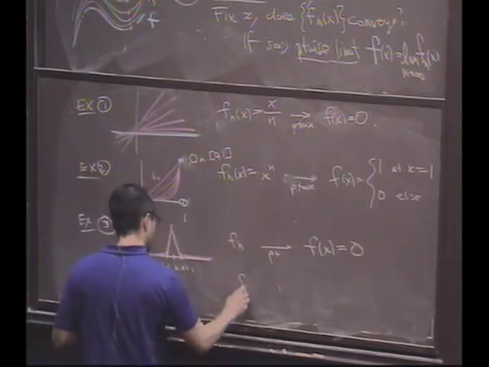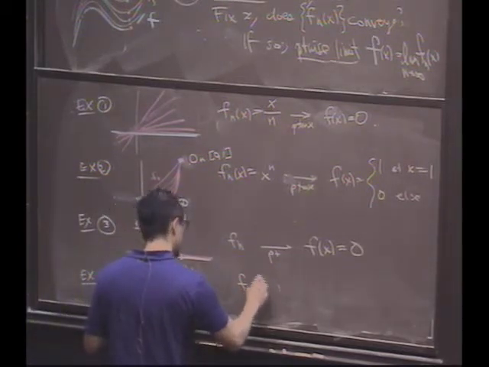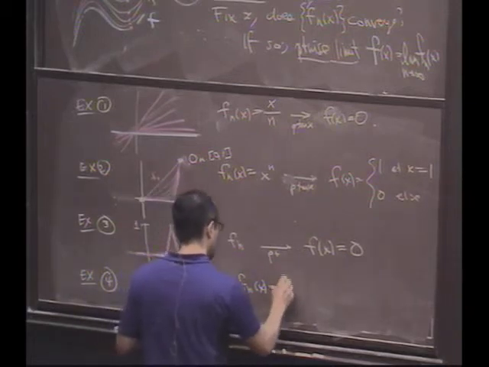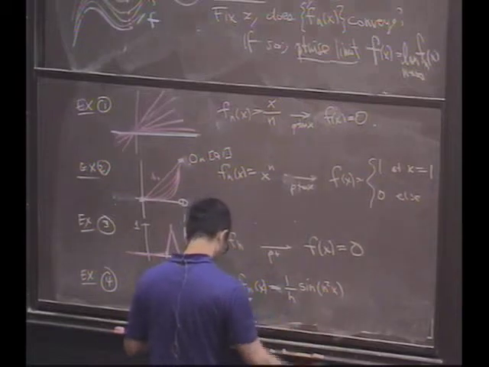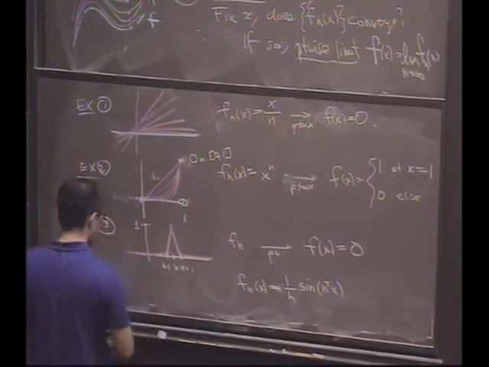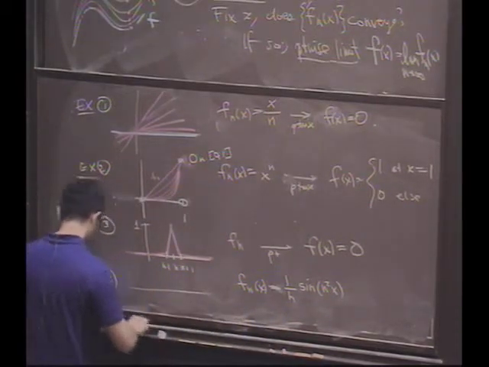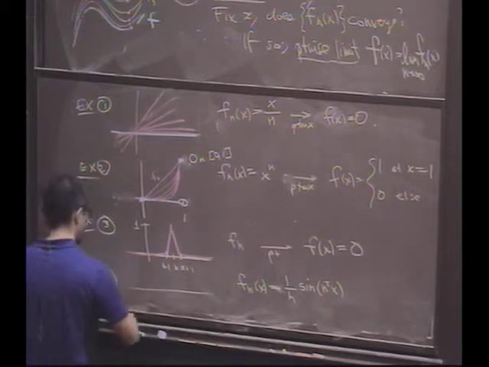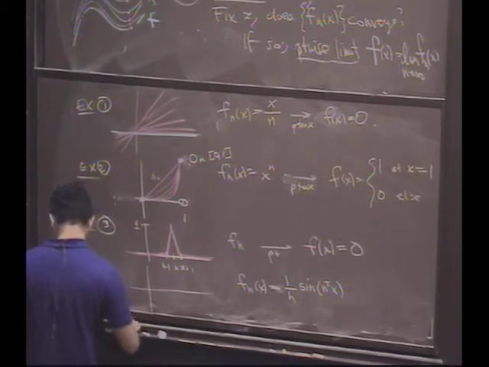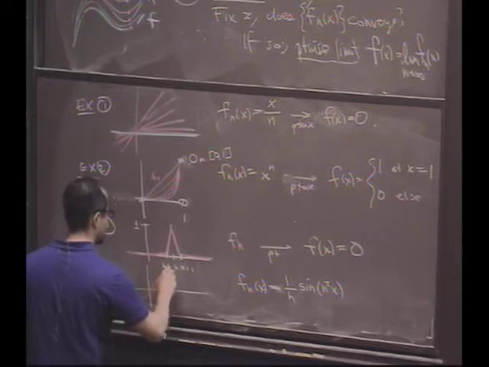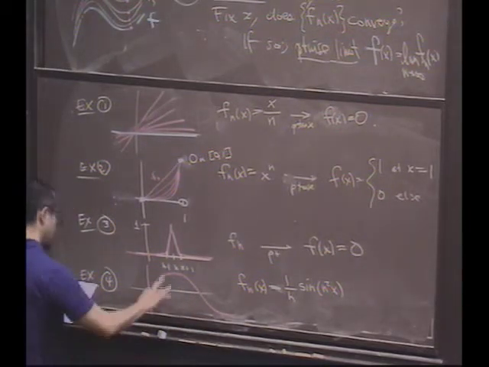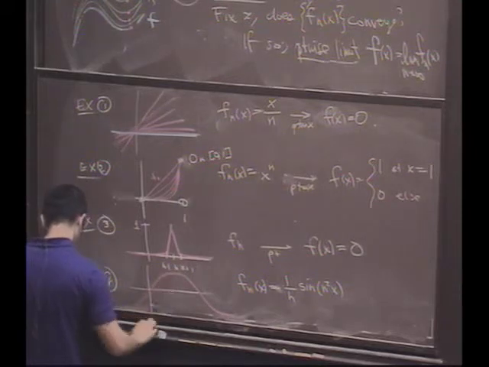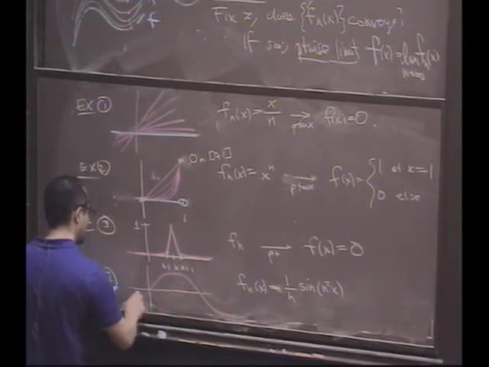What if I look at this function? How about f sub n at x is 1 over n times sine of n squared x? What's that doing? I'm just going to roughly draw something. Here's the first one. The second one has what amplitude? Smaller. And then what frequency?